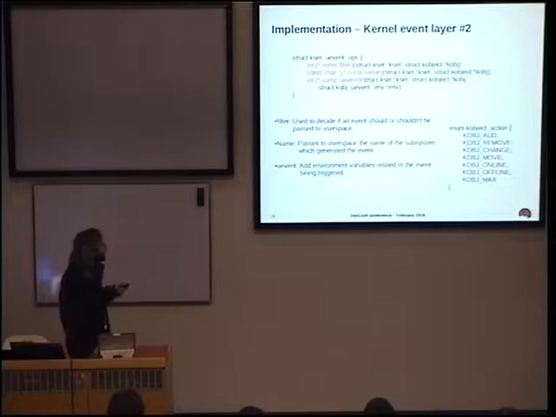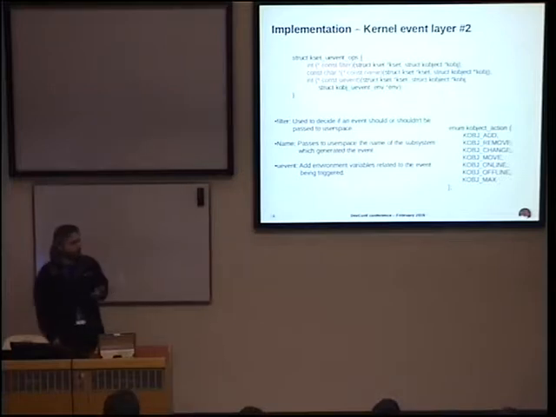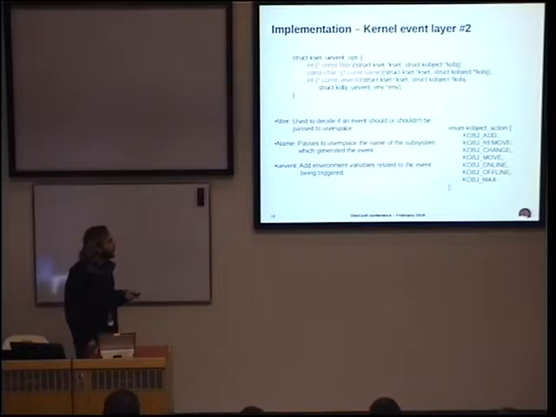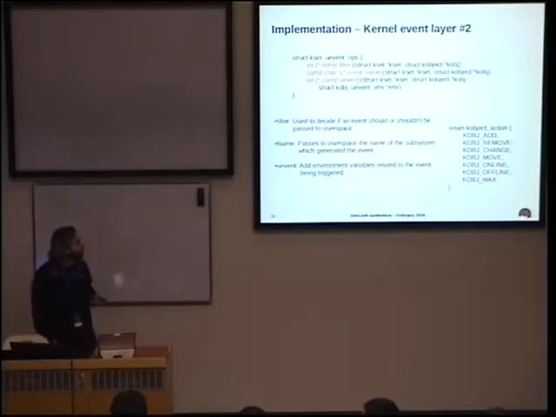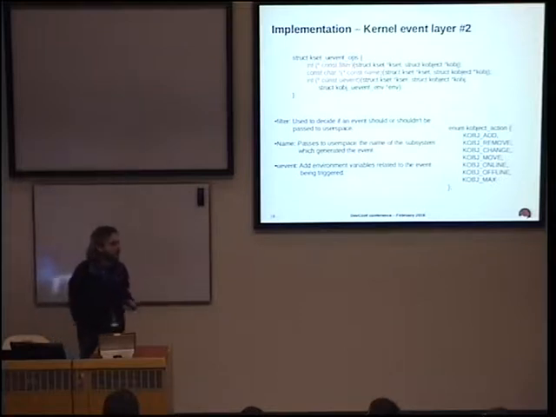We have a name function which provides the name of the subsystem generating that event. So if you guys have any experience with the udev tool, you should probably have seen they have a subsys field in the udev request. This is where the subsystem field from udev takes the information from.